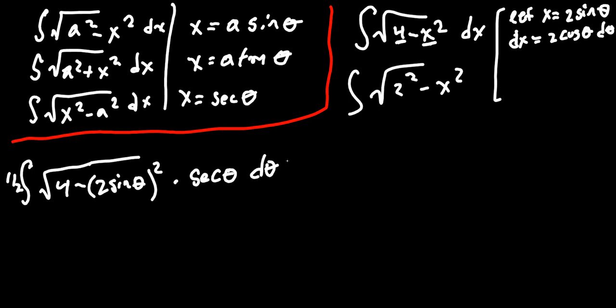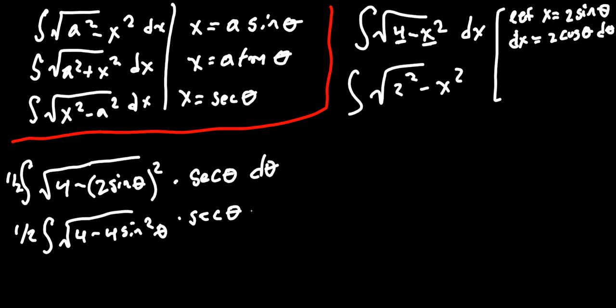So now let's simplify the things inside the square root. So we'll have 1/2 the integral of the square root of 4 minus 4 sine squared theta. The main idea is that we set the a value to be 2, because when we square it, we get a common factor of 4, so we can factor out 4.